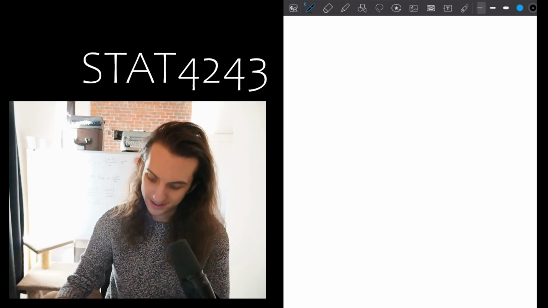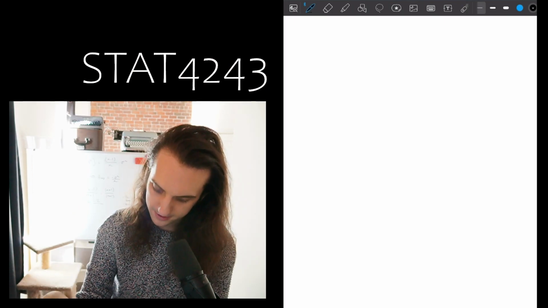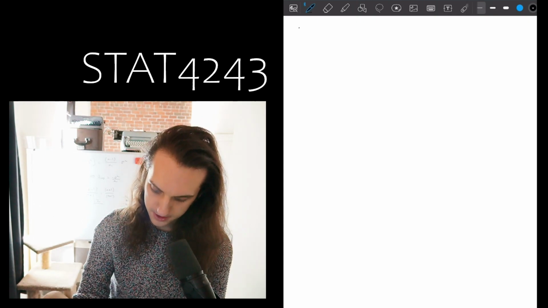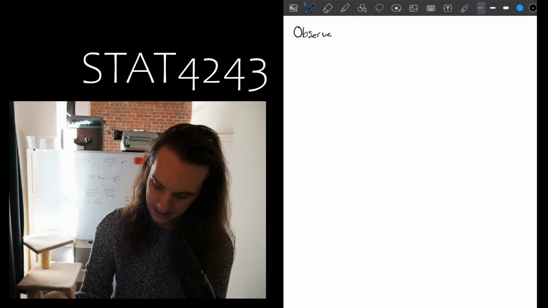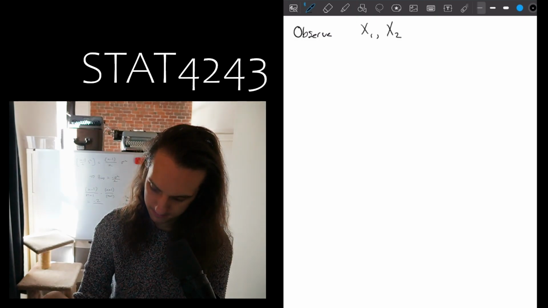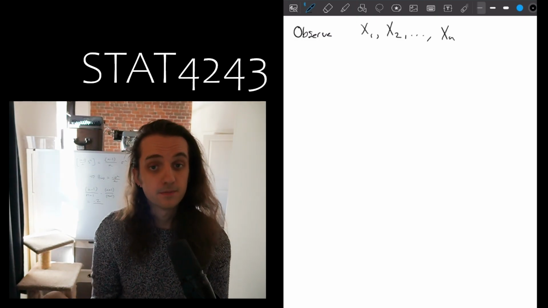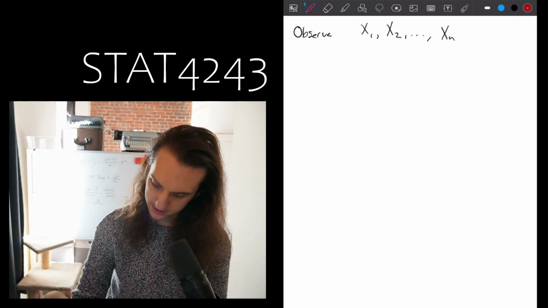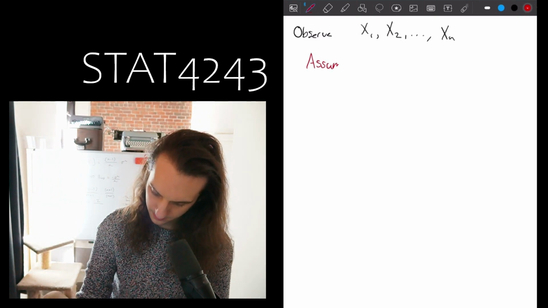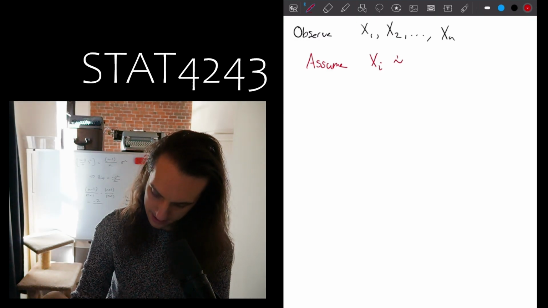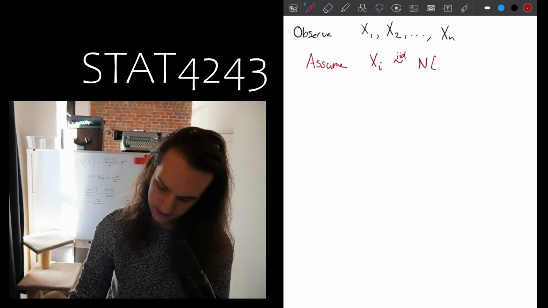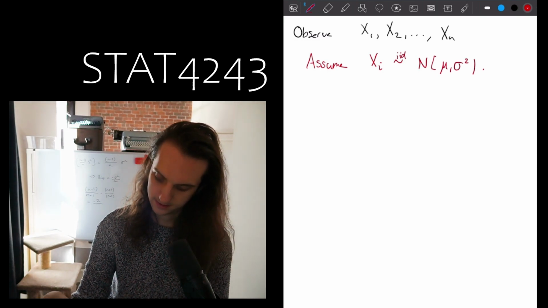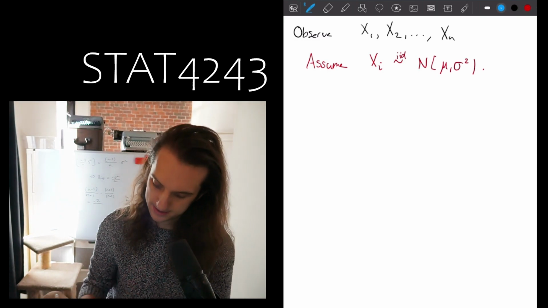And so if you wanted to test out how an estimator performs, you could do it through this procedure. Maybe I'll open up the whiteboard and write down what we're thinking about. So if you observe x1, x2, up to xn, and let's say you are willing to assume that the xi are IID from some normal distribution with a mean mu and a variance sigma squared.